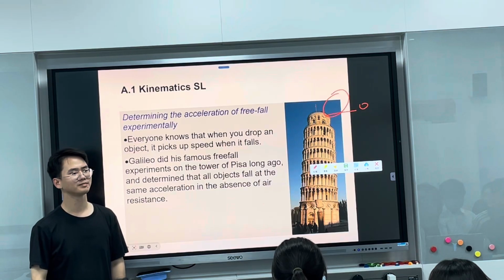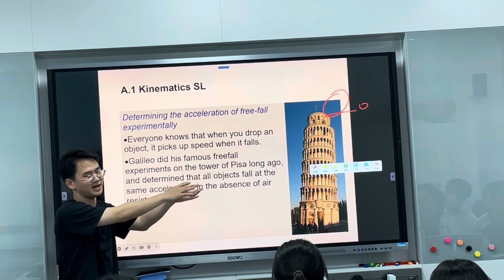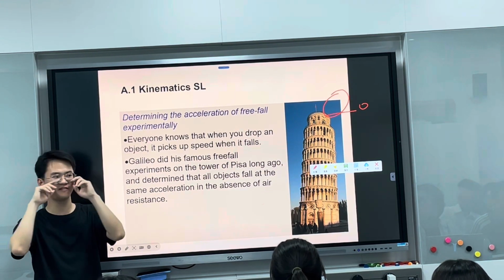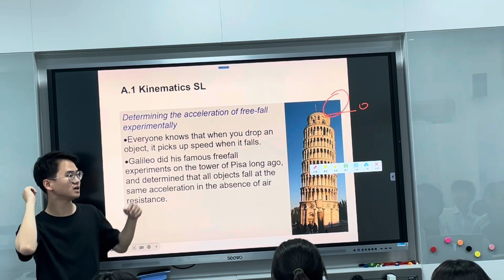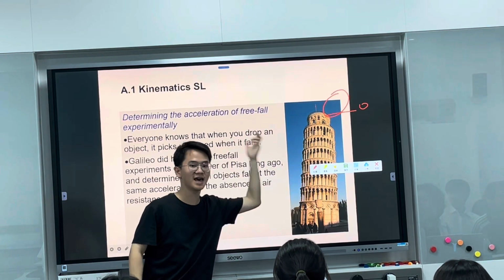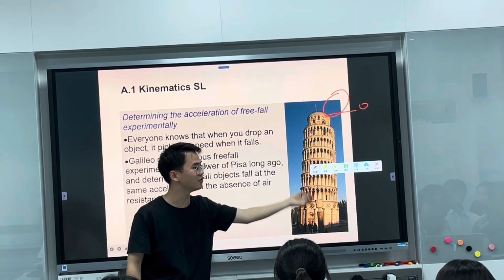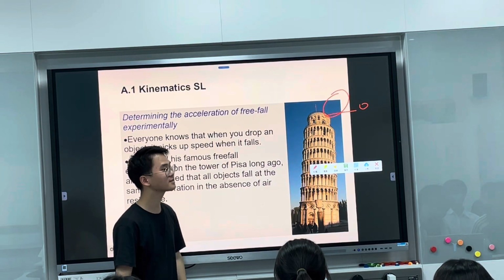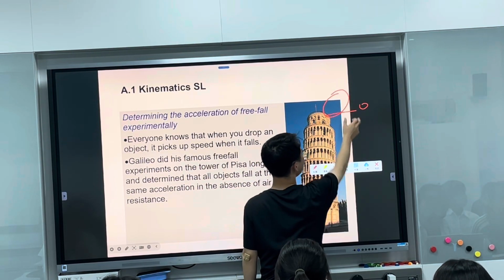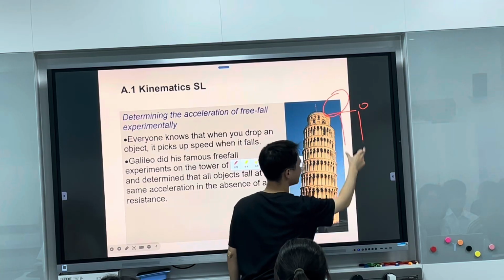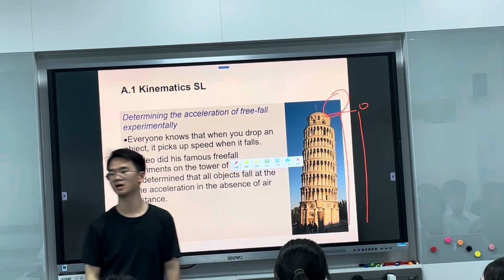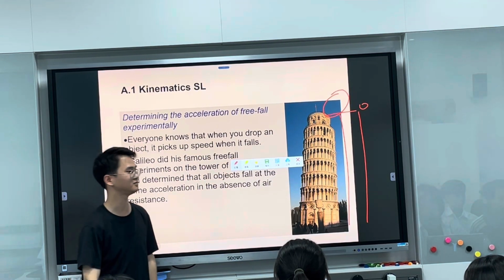So, before Galileo, there was a famous scientist saying that the heavier an object is, the faster it will fall. Aristotle. And then Galileo did this experiment, and the two metal balls reached the ground at the same time.